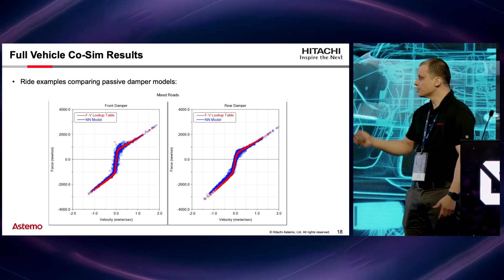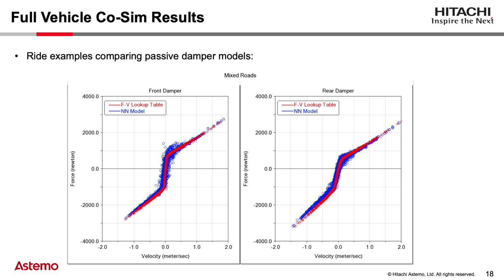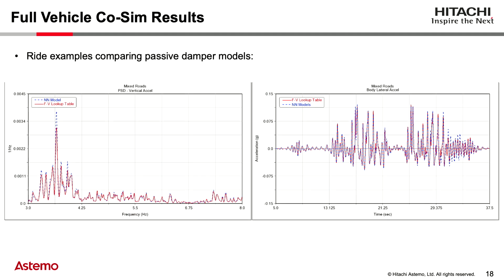Another example is using the passive as well. We can see that we can capture a good amount of hysteresis. We can see the response on vertical as well. We just received at Hitachi some requirements for dampers for building take-aparts or first prototypes that we can see are just based on simulation.